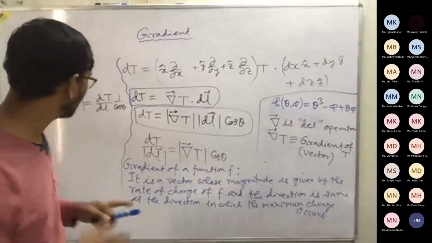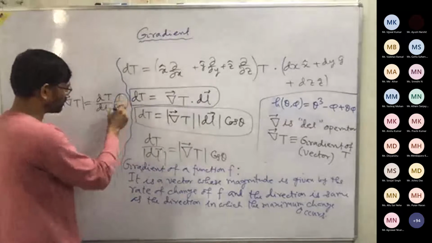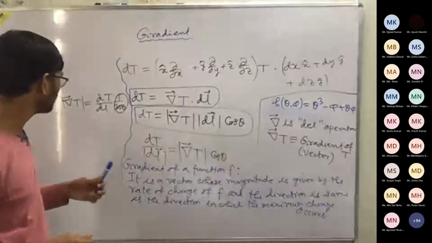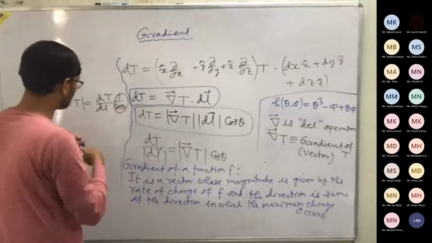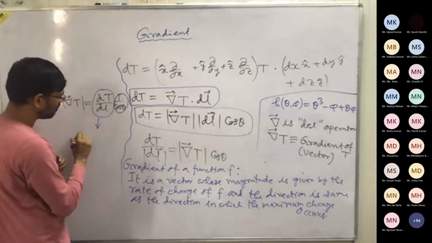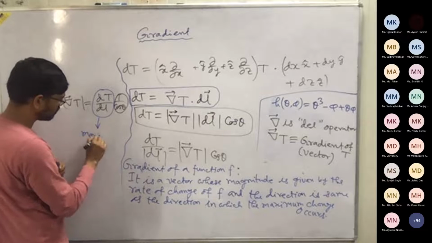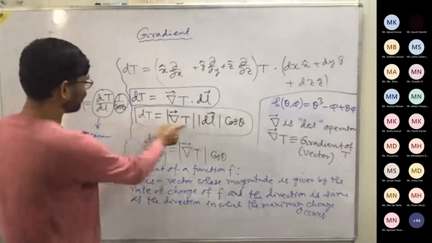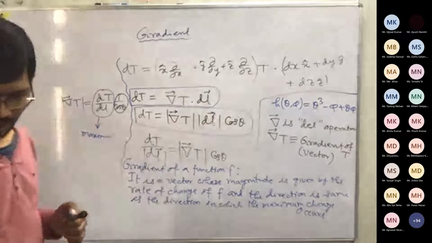I just get rid of this vector. I just want this one to be 1, and just see how much this is. I mean, what is the maximum? I just look for this quantity, and I made it maximum. This quantity dT over dl is maximum when cos theta is 1.